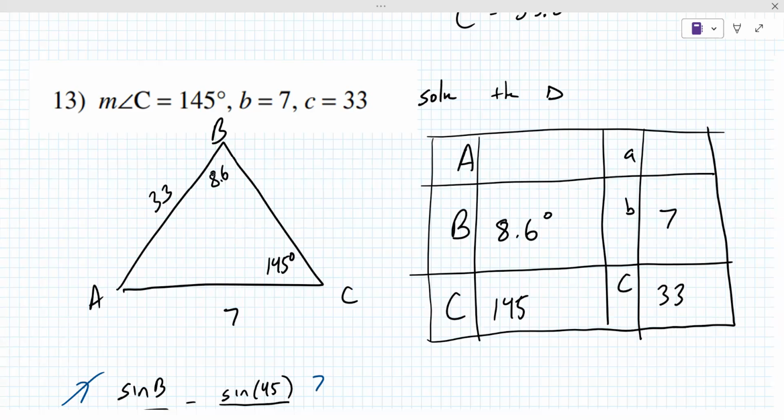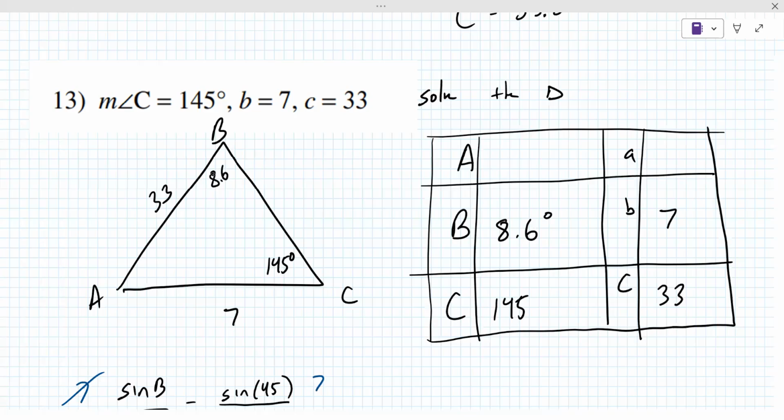So that's enough information to solve for A. Okay.